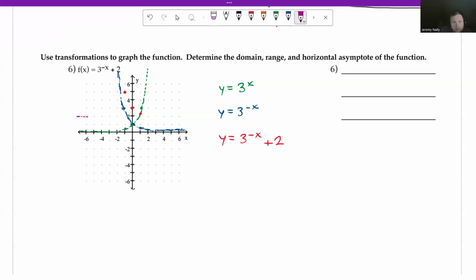So now if it was y equals 0, now it's going to be y equals 2. And this is going to help guide you when you're sketching the rest of your curve.